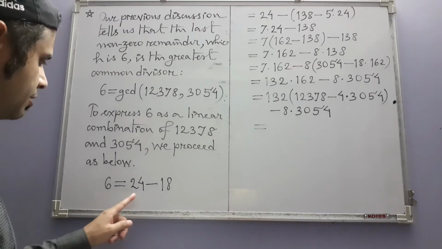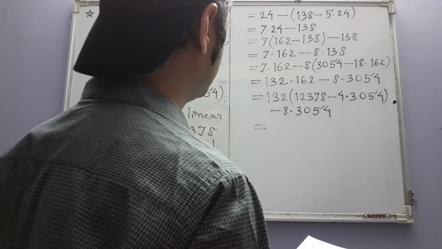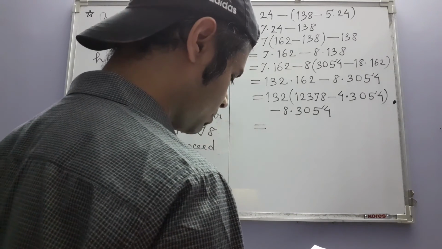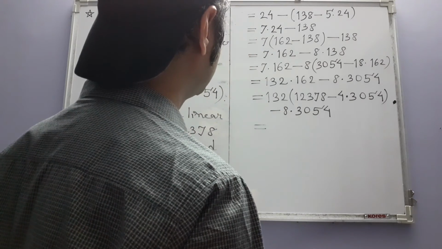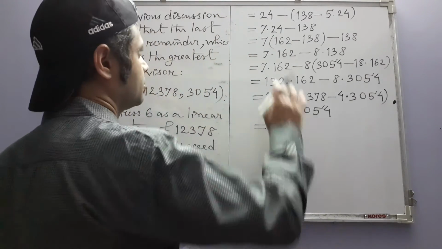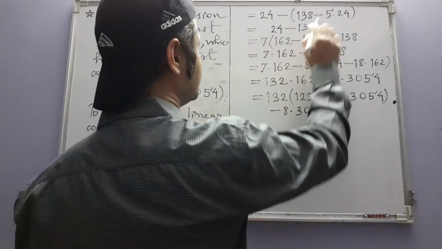I think I have made a mistake. 24 minus 18, 24 minus 138. Oh yes, this is 6.